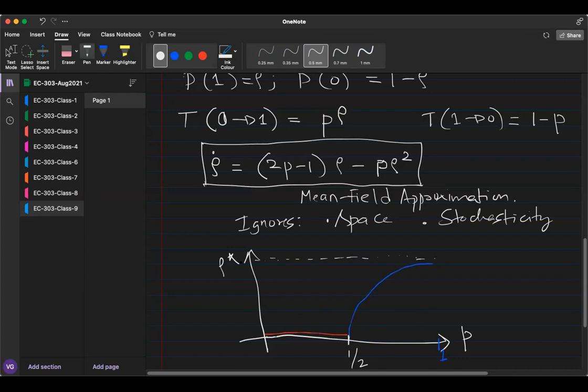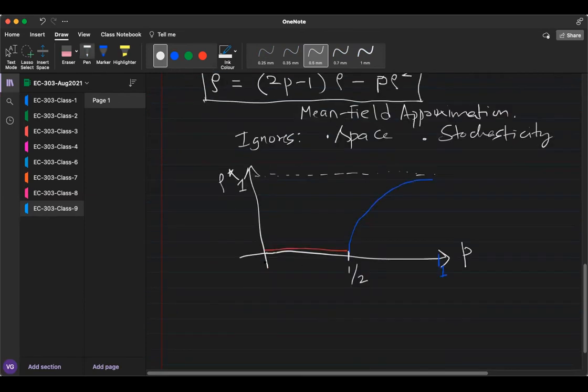So this is 1. It shows that when the birth probability is above a threshold value, which is half in this case, the population will survive and will not go extinct. Otherwise, the population will go extinct. That's what this model predicts.